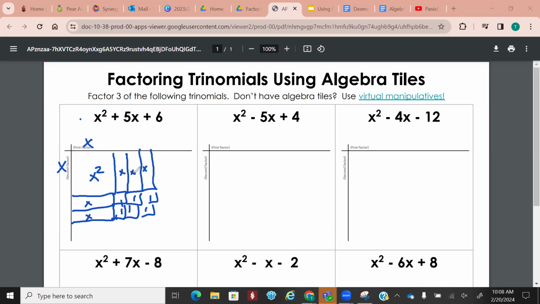Okay, what times x would give us 1x? 1. Down here, same thing. What times x would give us x? 1. So we see that we have 3 ones up here, and we have 2 ones right here. So we've got x plus 3 on the top, and then x plus 2 on the side.